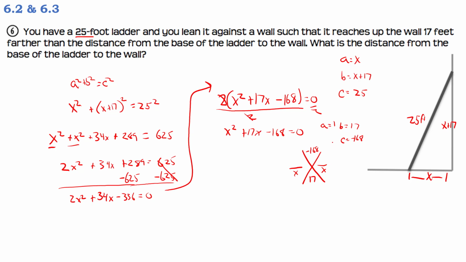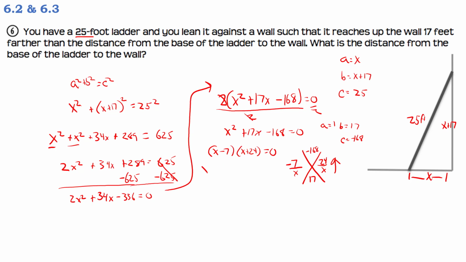Well, with these numbers, we should be able to get 7 times 24 will give us 168. Okay, and if we make the 7 a negative, when we add them up, that should give us a positive 17. Okay. So therefore, when we do this, we write it up with bottoms up right there. So we should get x minus 7 times x plus 24, and that equals 0.